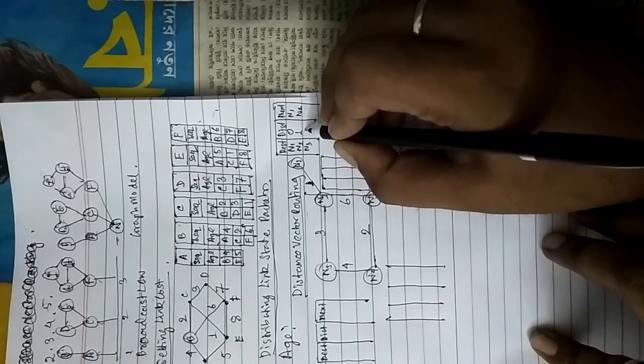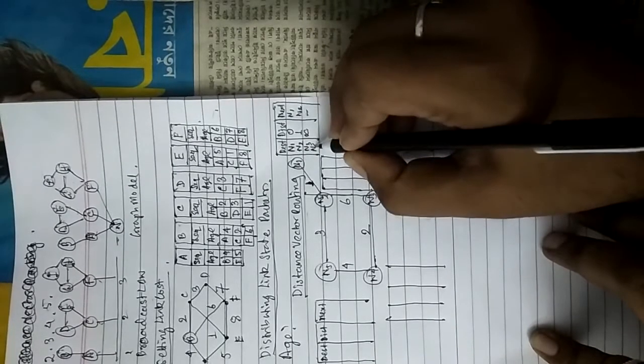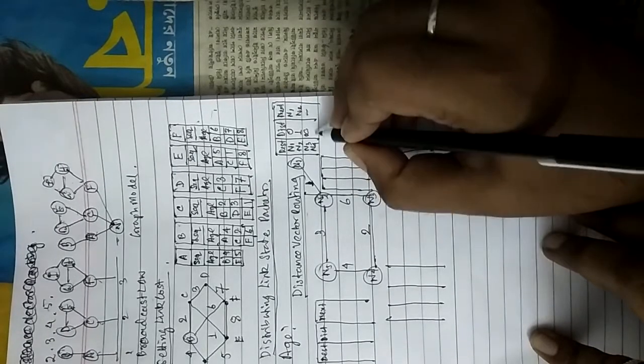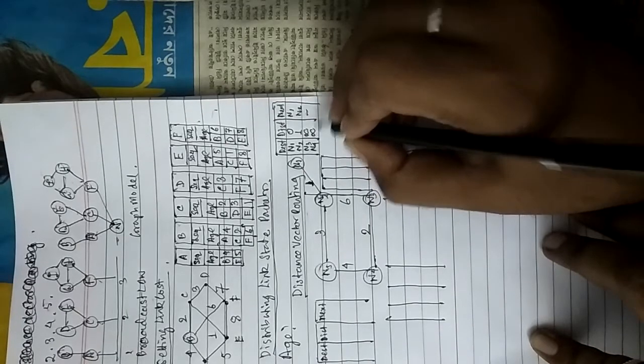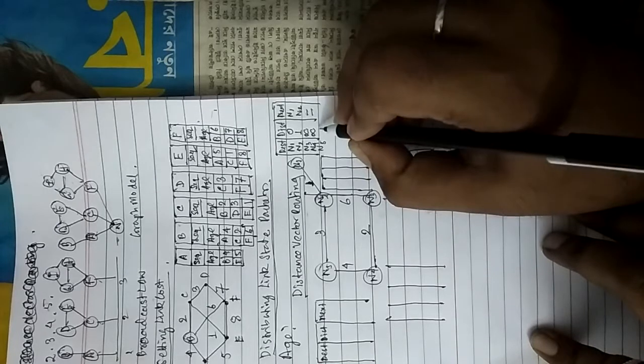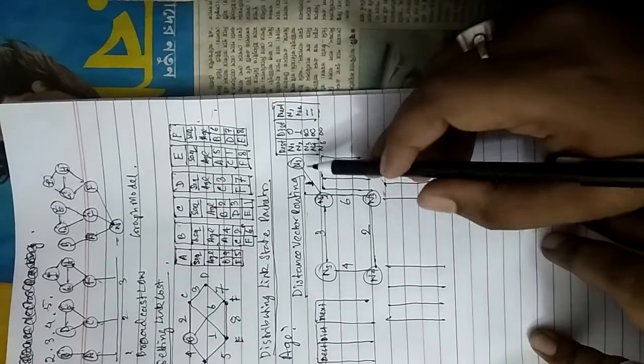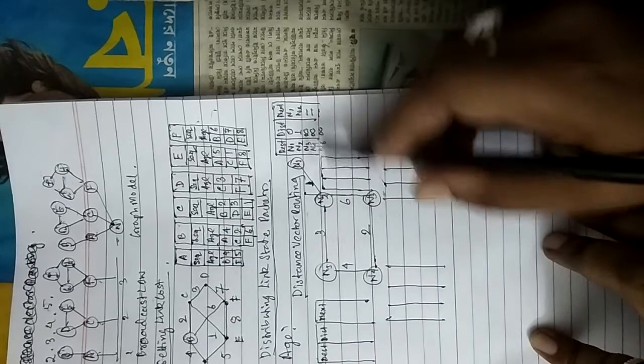In that case, the distance will be infinite. Similarly for n4, there is no information, so infinite. And for n5, it is also infinite. So the only information is n1 to n1 it is 0, and n1 to n2 it is only 1.